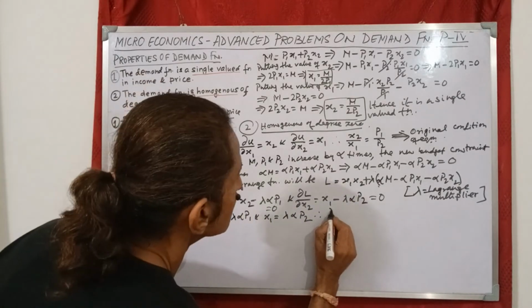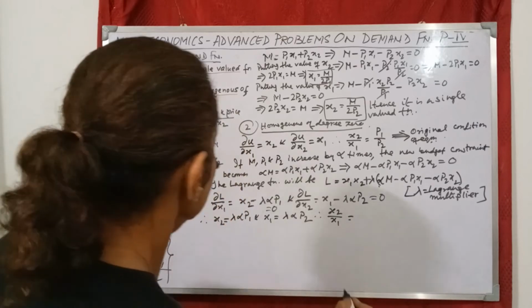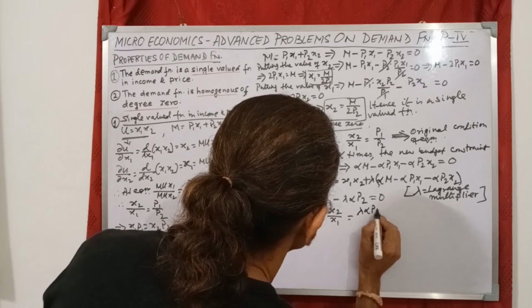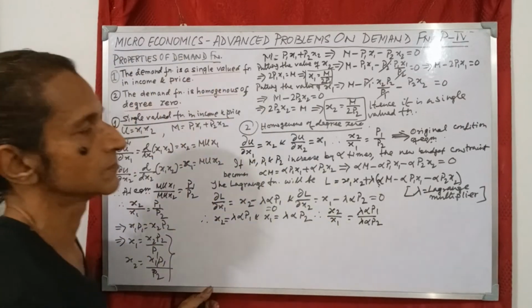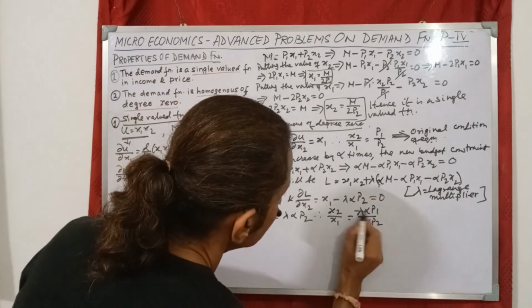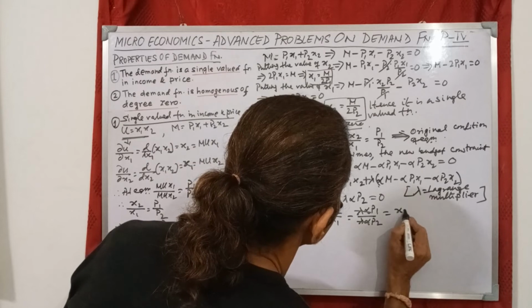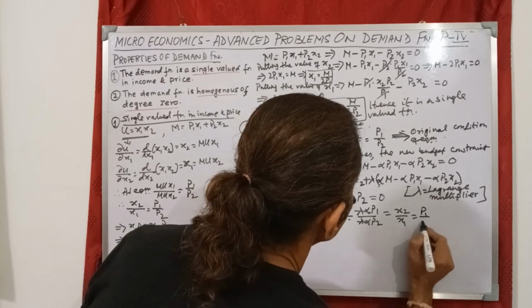Therefore, x2 by x1 is equal to lambda alpha p1 divided by lambda alpha p2. We cross out lambda and alpha. So what remains? x2 by x1 equals p1 by p2.